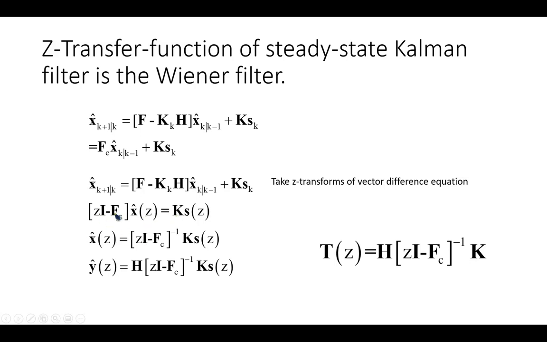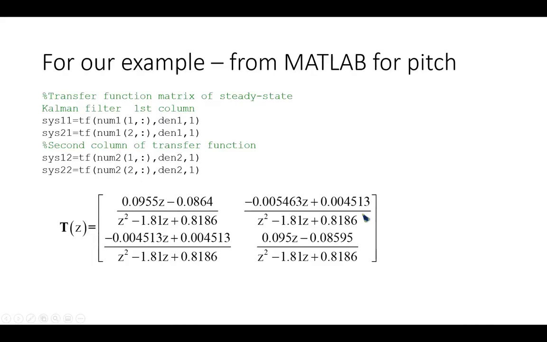And then you invert that, and you end up with this T, I've called it, H(zI minus FC) to the minus 1 K. K is the steady state gain. Now that could be nasty to work out manually. It could be quite messy. So fortunately MATLAB does it for us. And you have to do it because it's multivariable. You have to be careful how you do it.